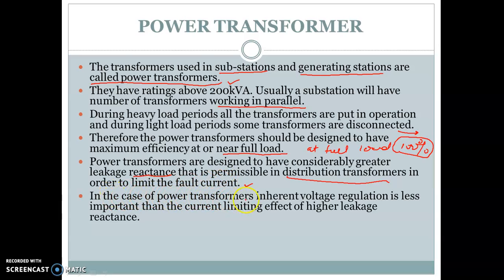In the case of power transformers, inherent voltage regulation is less important than the current limiting effect of higher leakage reactance. Here voltage regulation is not so important, but the important thing is the current limiting effect, which is obtained by higher leakage reactance. So these are some comparisons between the power transformer and distribution transformer and their applications.